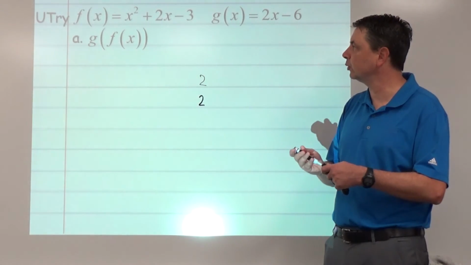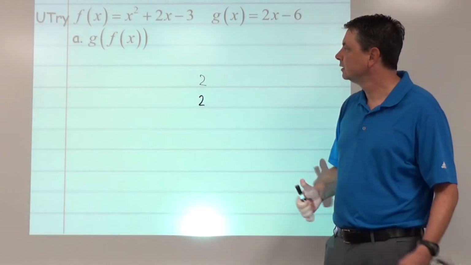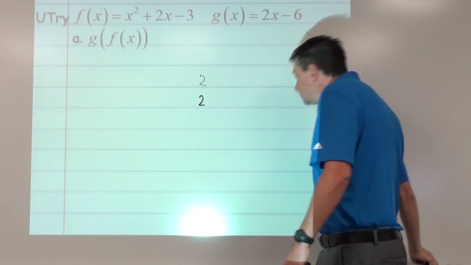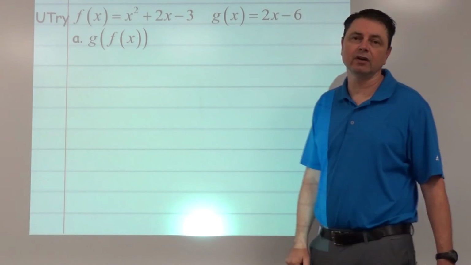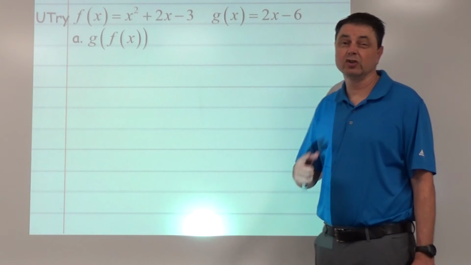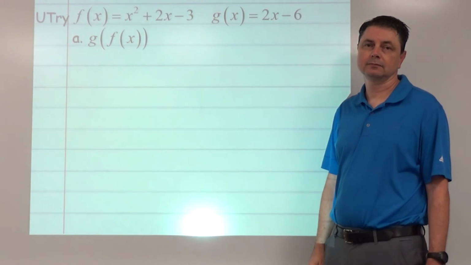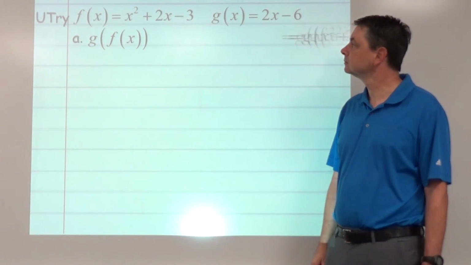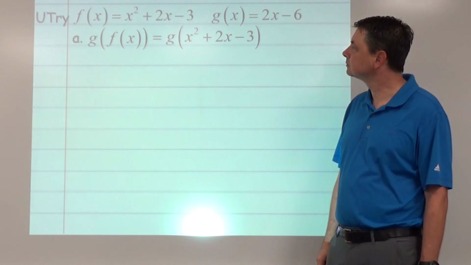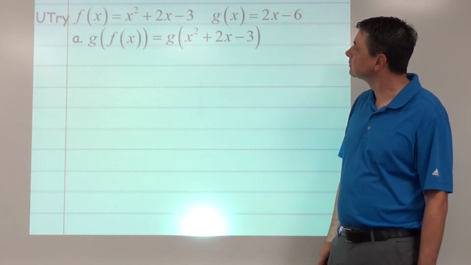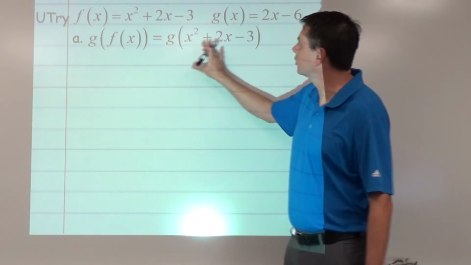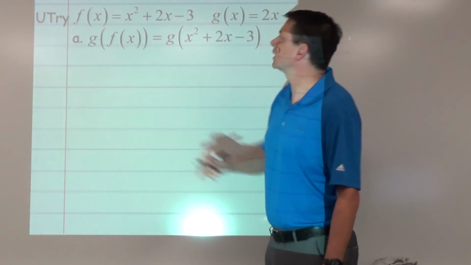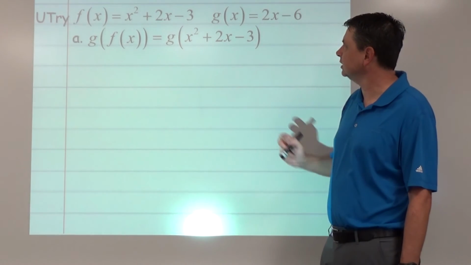Let's finish up with a U-try. Pause here. Find g of f of x. Resume when you're ready. F of x is the inner function, so we're going to replace that with x squared plus 2x minus 3.